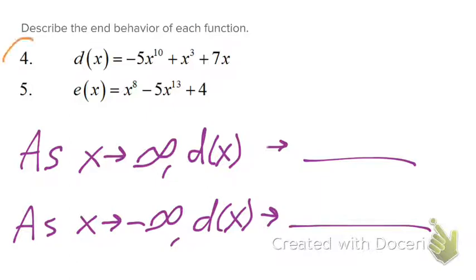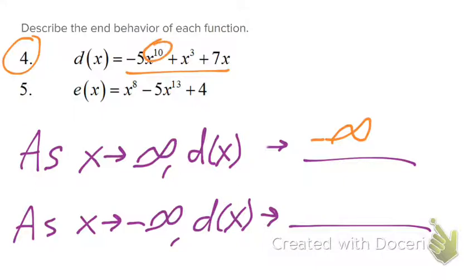Okay, so I don't want to belabor end behavior too much, but let's just do two quick examples. So in number 4, we have d of x, and so first, make sure it's in standard form, which this is. And if you're looking for the end behavior, we're going to see that it has a negative leading coefficient. So that tells us as x approaches infinity, d of x approaches negative infinity. All right, and then we look to the degree. So the degree is the highest exponent of a variable, so that would be 10.